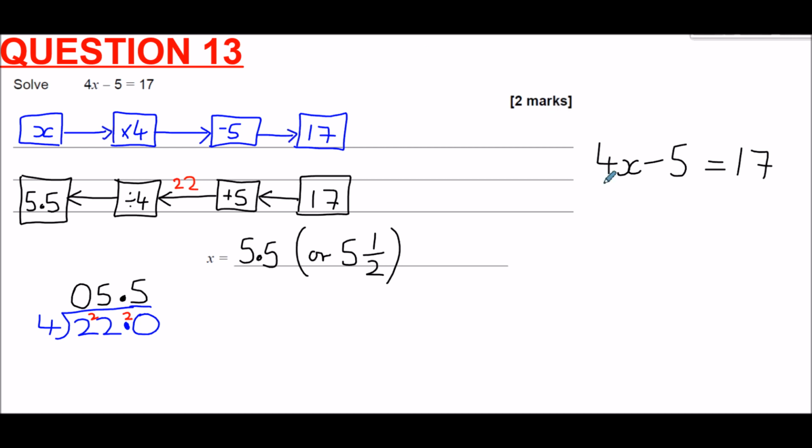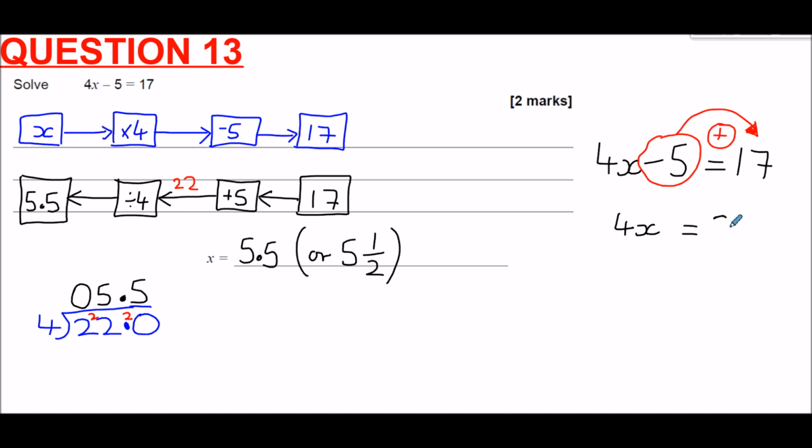We're working towards having x on its own. So that minus 5 could do with going away, so we can throw it to the other side. But if we swap to the other side of equals, we swap the sign. Opposite of minus is plus. So you can think of it as, on the other side, the minus 5 becomes an add 5.